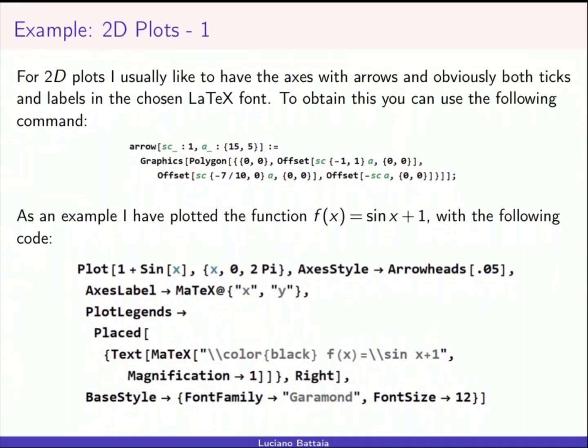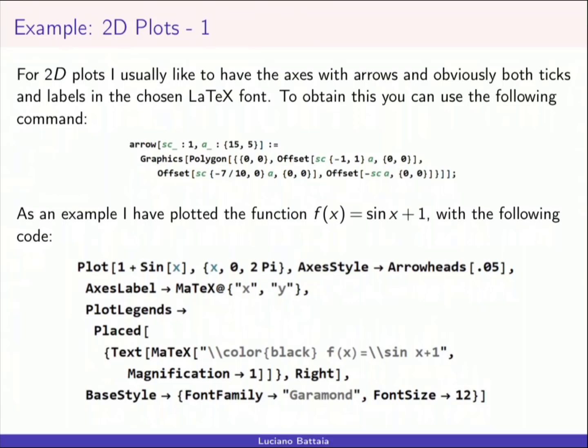We begin with an example of a 2D plot. For 2D plots, I usually like, but it depends on the needs of each person, to have the axis with arrows and obviously both ticks and labels in the chosen LaTeX font.